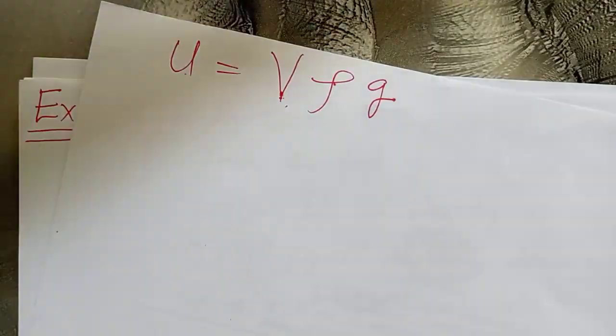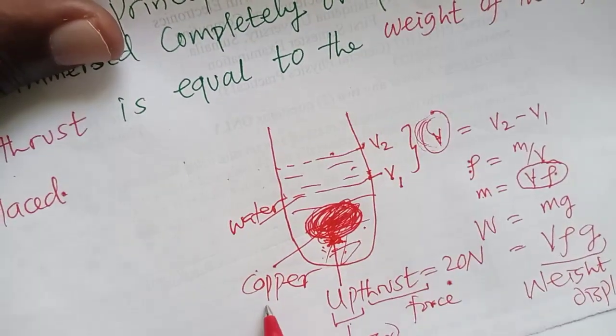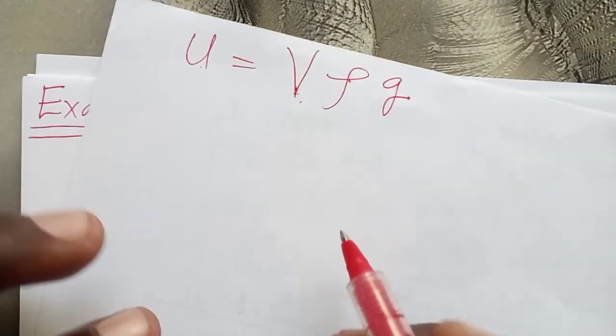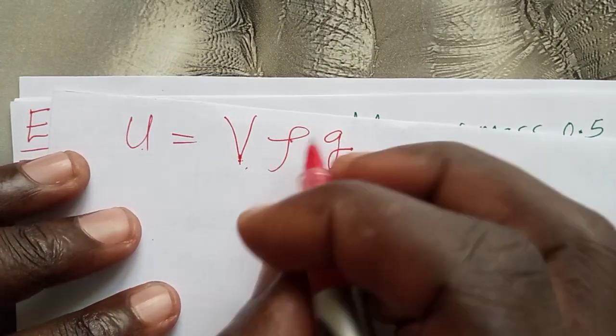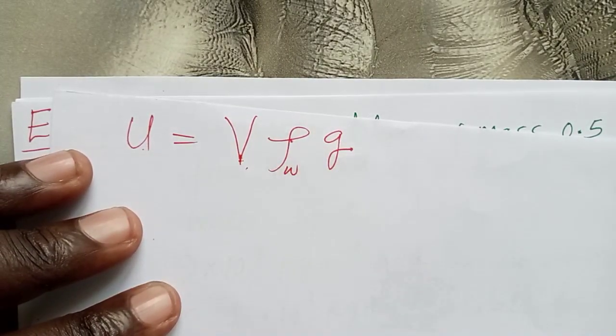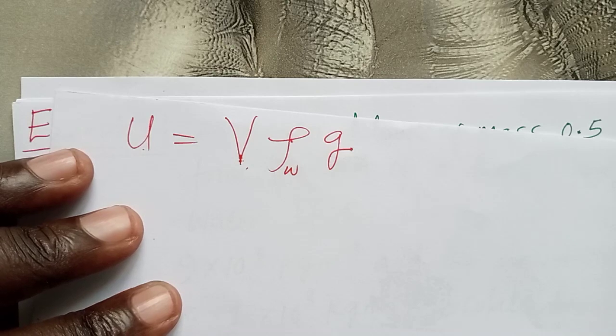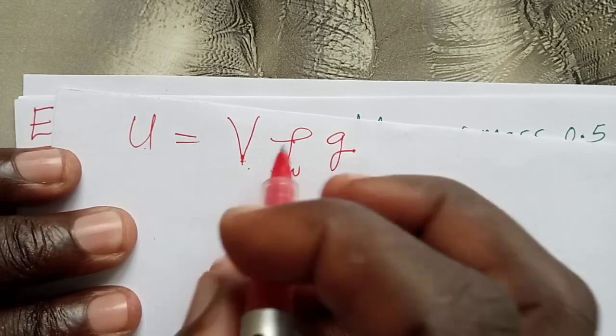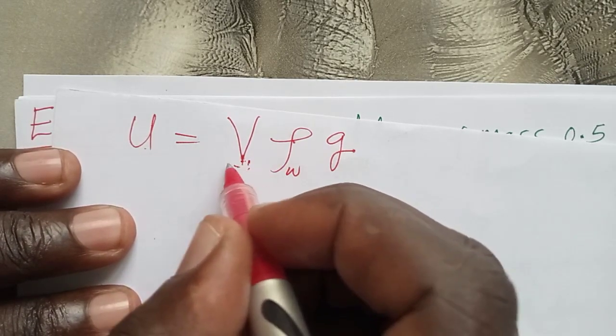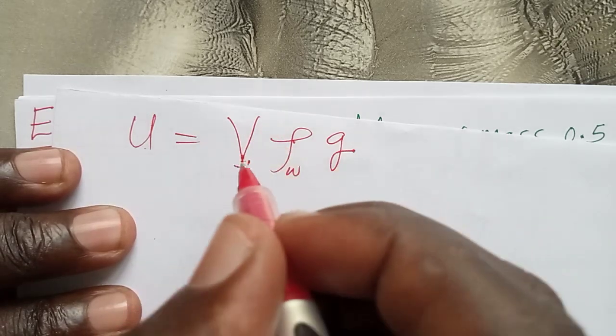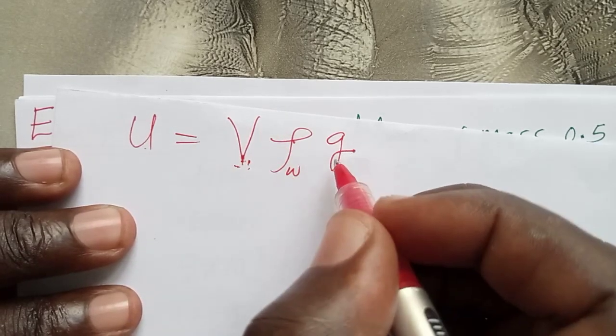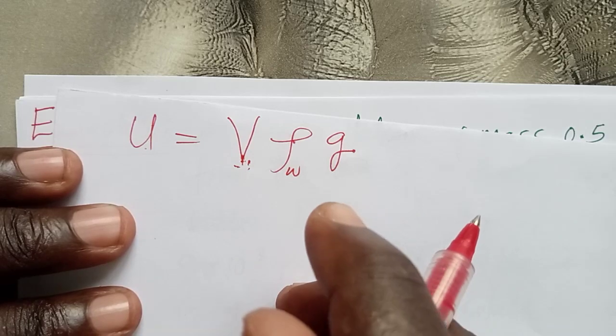We know that copper has its own density and water has its own density. So which one am I using here? Here I am using that of water, not the copper. But this volume is the volume of water displaced and also the volume of the material. g is always the acceleration due to gravity.